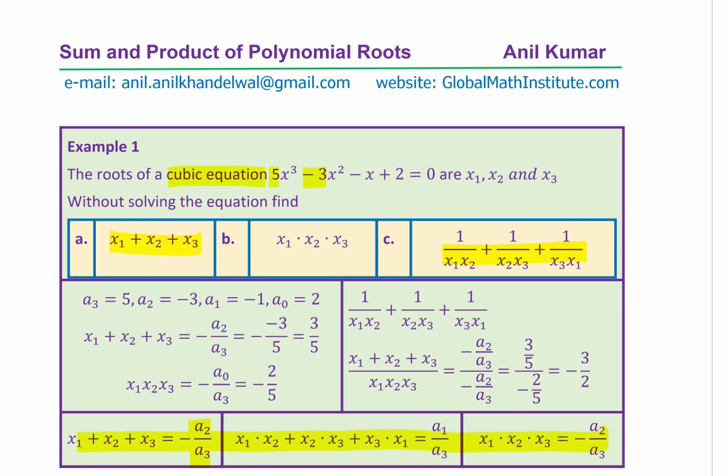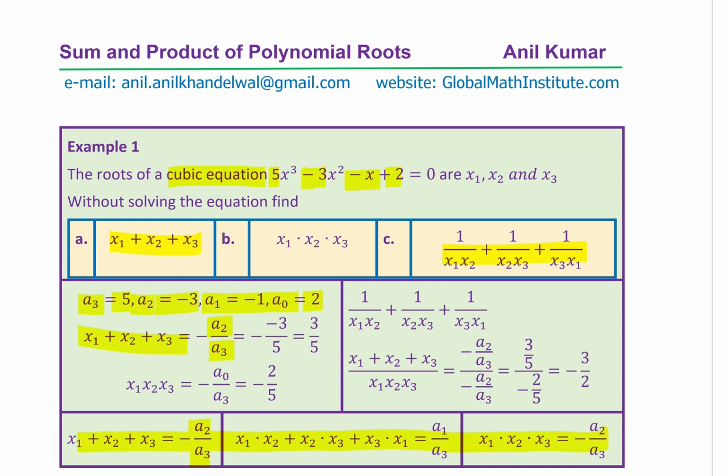So I've just written here, a3 for us is 5, a2 is negative 3, a1 is negative 1, and a0 is 2. So these are the coefficients. We know that the sum x1 plus x2 plus x3 is the negative value of the a2 over a3 ratio. Now negative of a2 is given to us as minus 3 and a3 is 5.